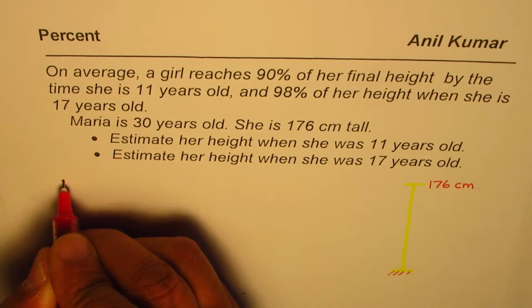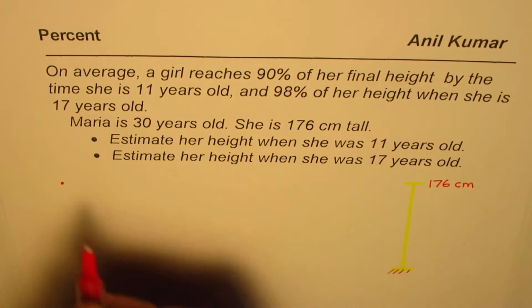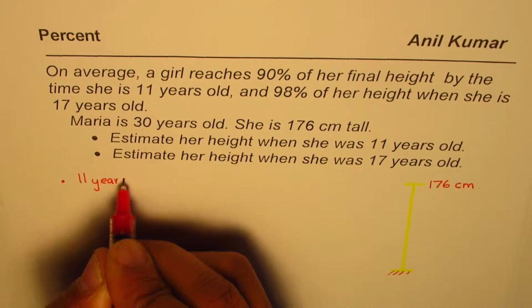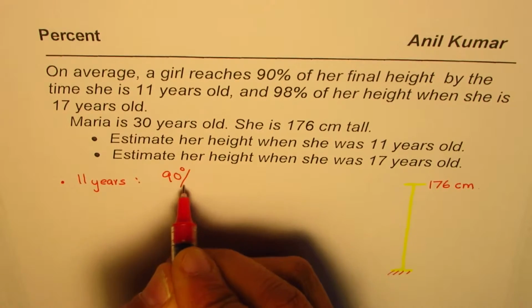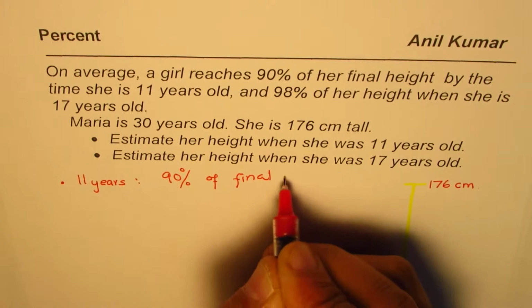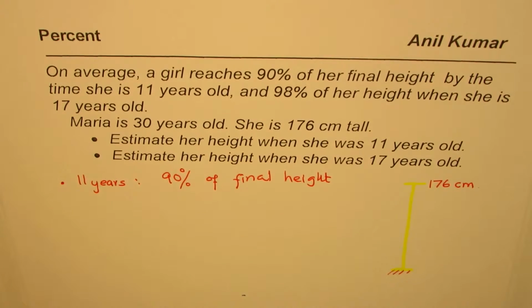So for part 1, we want to know her height when she is 11 years old. So when 11 years, right, then the height is 90%. It is 90% of final height. Now what is final height? Final height is 176 centimeters.